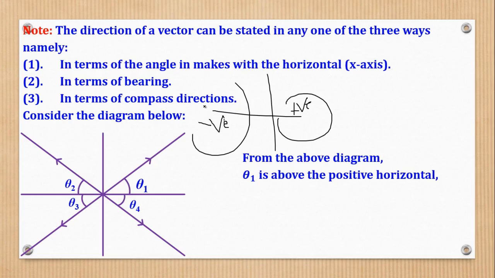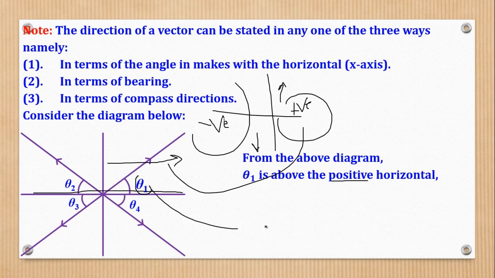Then, if this is the horizontal, then here it is above, and here it is below. Good. Now, when you say theta 1, it is on the right side, which is the positive side, as you saw here. That is why we use the word positive. Then also it is above this horizontal line we drew. That is why we use the word above.